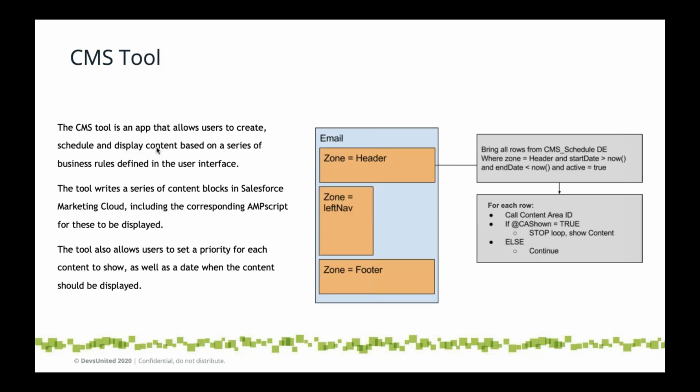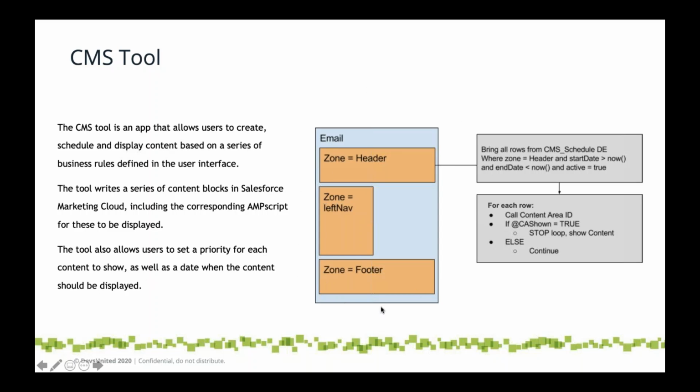So the tool writes the logic with the criteria to show the content. And also, this tool allows the users to set a priority for each content to show or not, as well as a date when the content should be displayed.